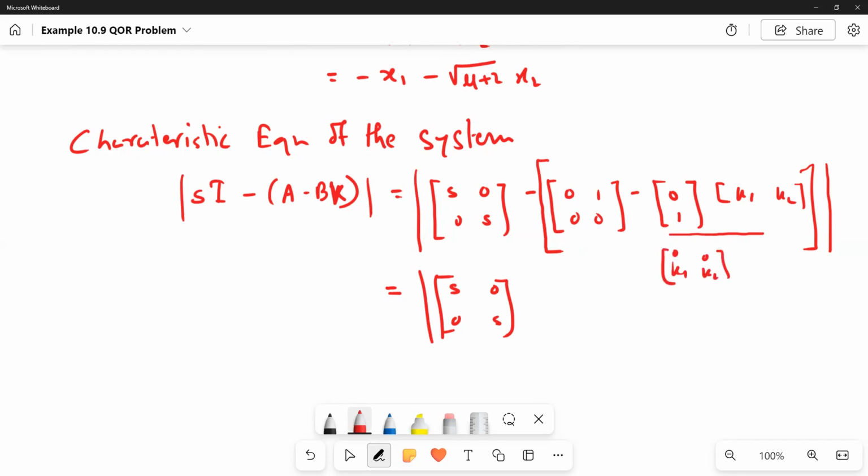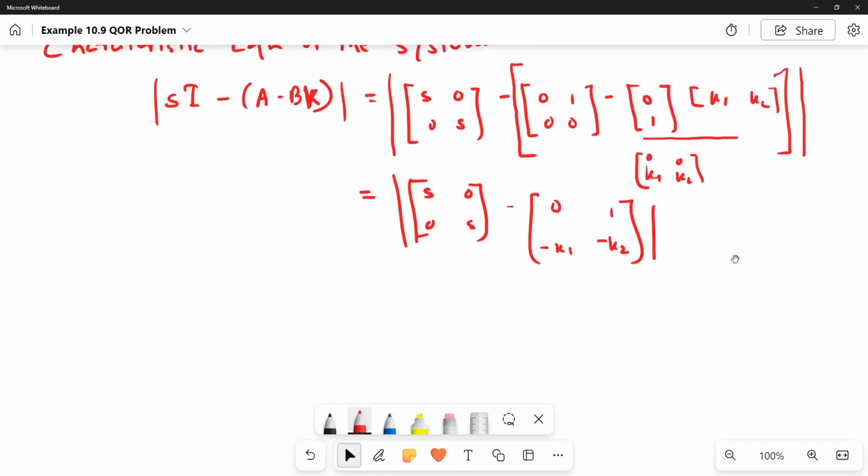So we can just subtract that. Ultimately it will give us minus [0, 1], and then minus K1, minus K2. So finally, what we are going to get is [s, minus 1; K1, s plus K2].